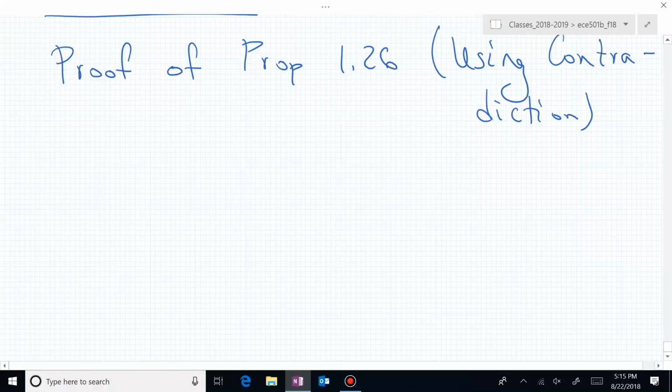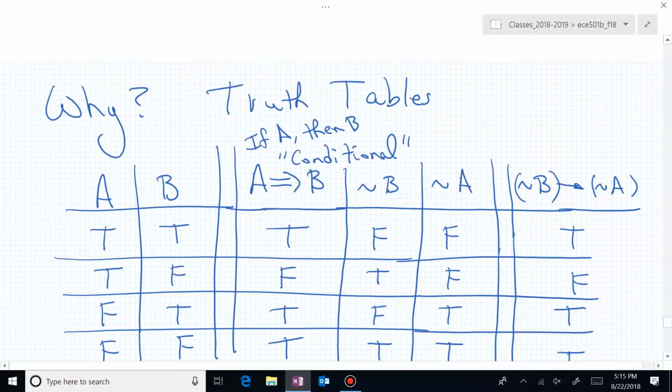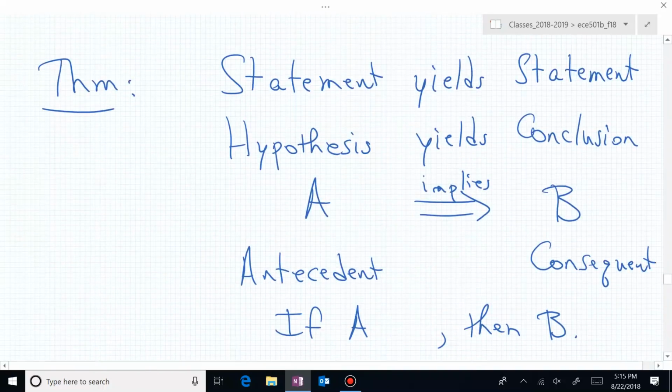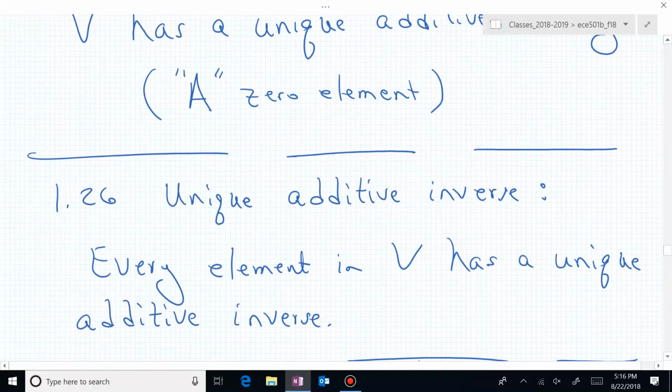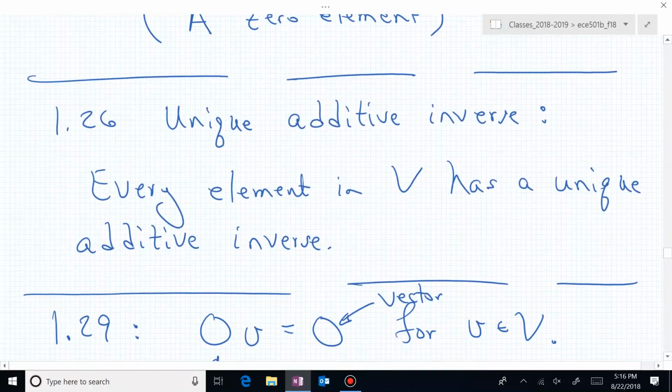Let me go back to 26 before I rewrite it. Every element in V has a unique additive inverse. So what's the A? Every element in V. And B has a unique additive inverse. So what I'll probably do is offline, I will maybe show this and provide you with the video if I decide I'm going to video it.